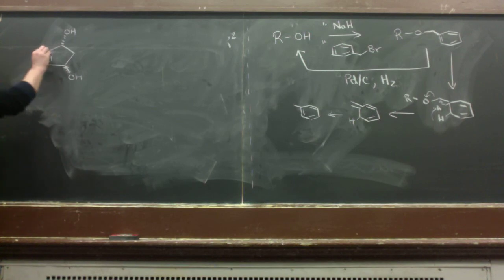There is nothing you're going to be able to do that will selectively protect one group over the other without some type of chiral control, because these two oxygens are effectively prochiral. If you change one of them, the molecule becomes chiral. If you change the other one, the molecule also becomes chiral, but it's the opposite enantiomer.